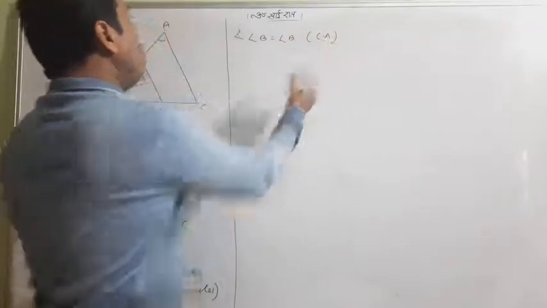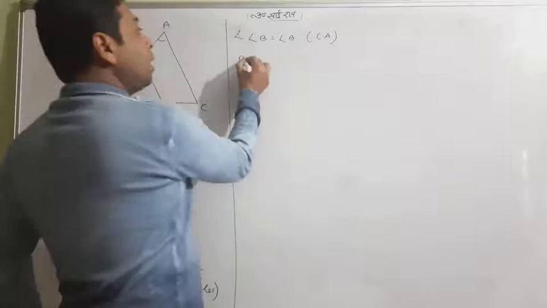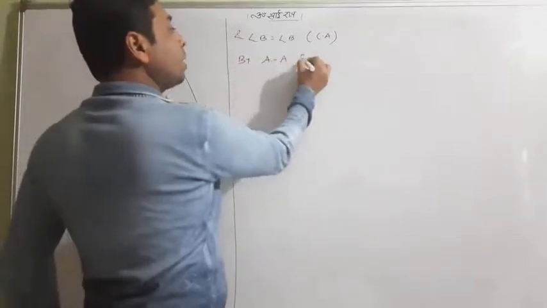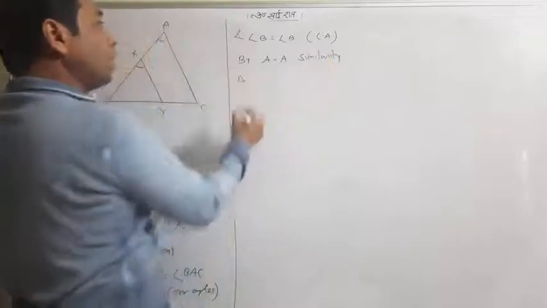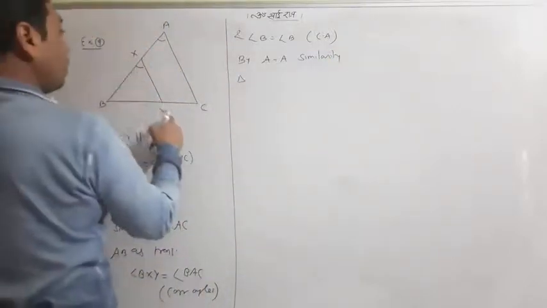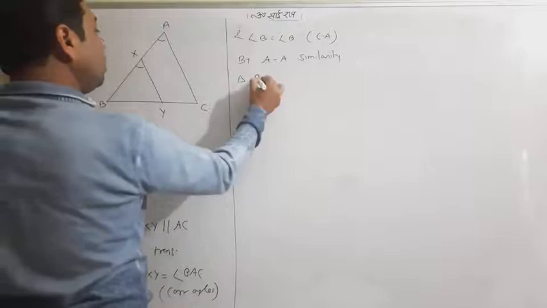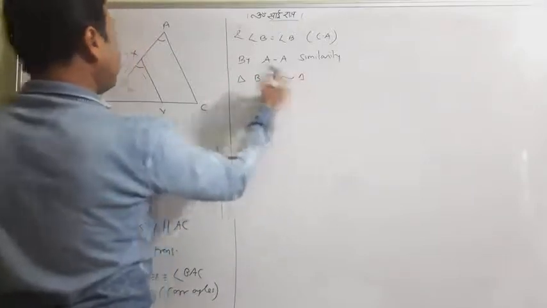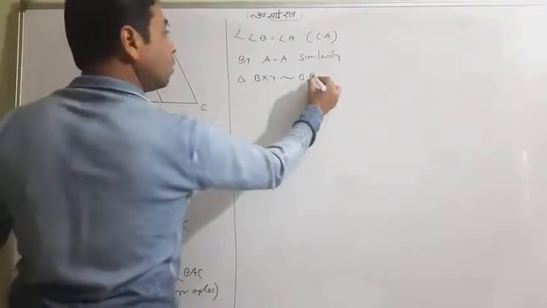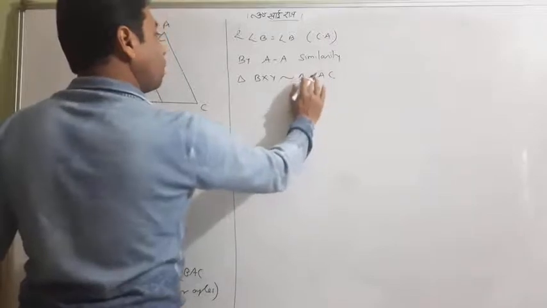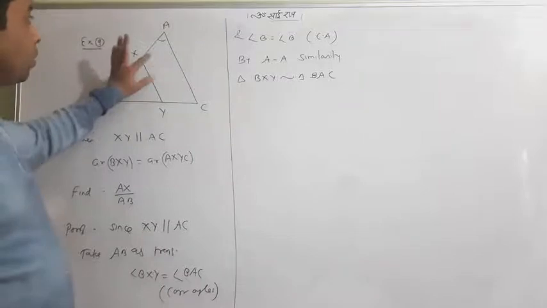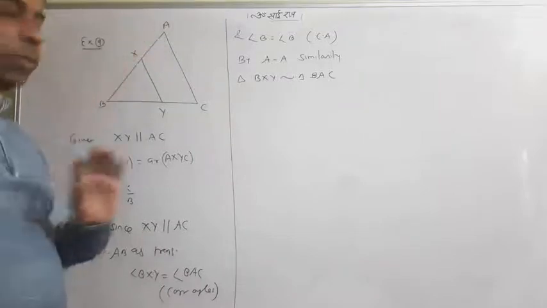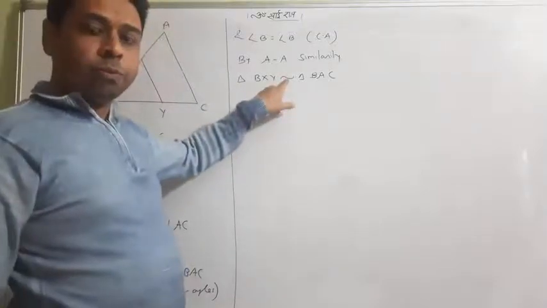I don't need to focus on the third angle. By angle similarity, both triangles are similar: triangle BXY and triangle BAC. This is enough. Now, as we have shown they are similar, let me rub this from here.